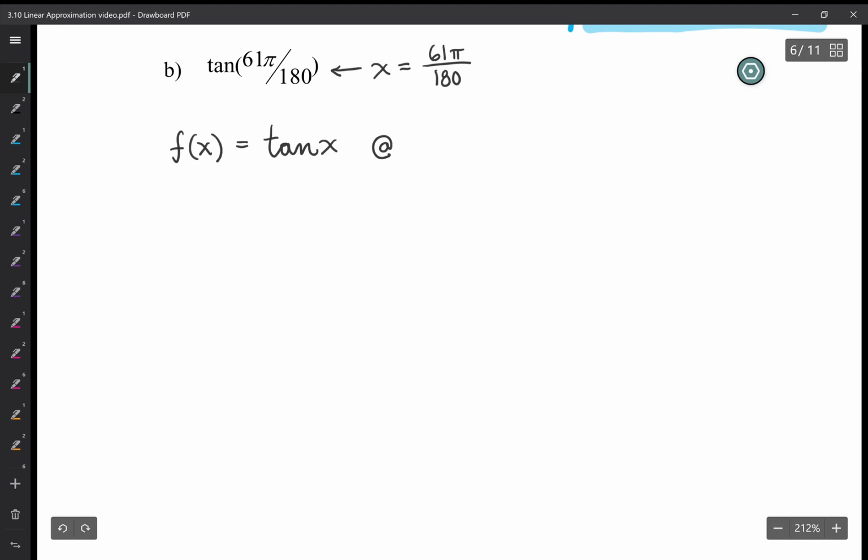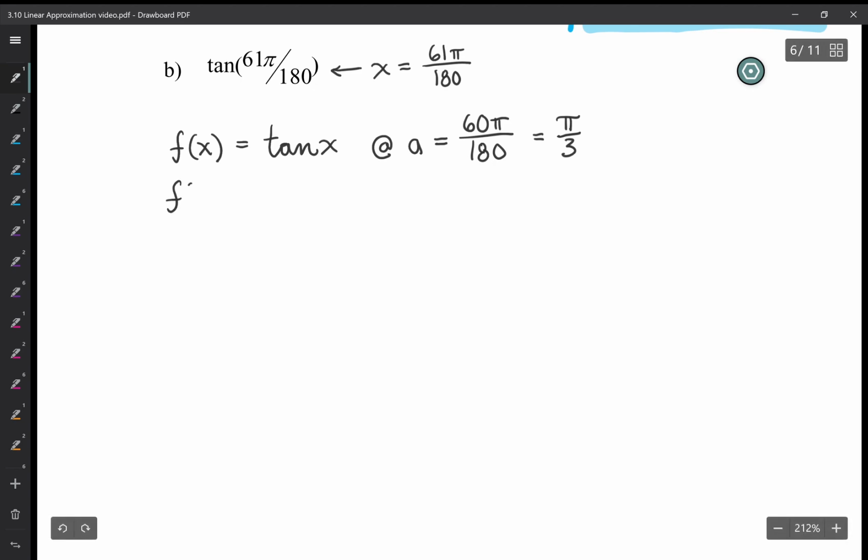We will find the linear approximation at a is equal to something that is close to 61 pi over 180, but easier to evaluate. So that will be 60 pi over 180, which is equal to pi over 3.